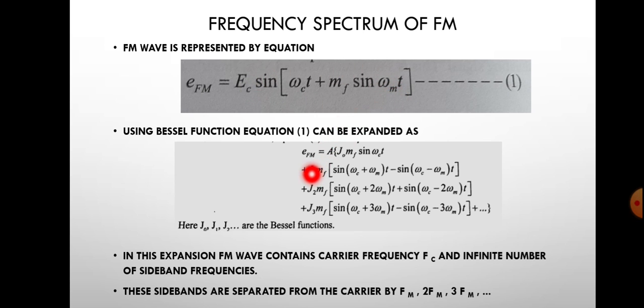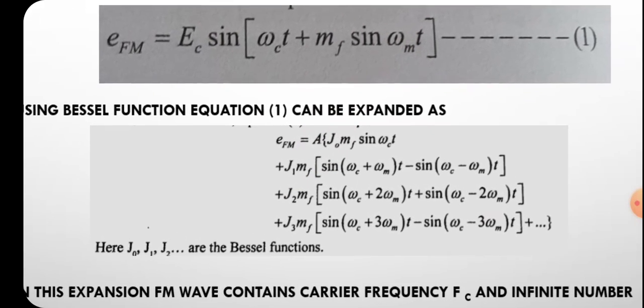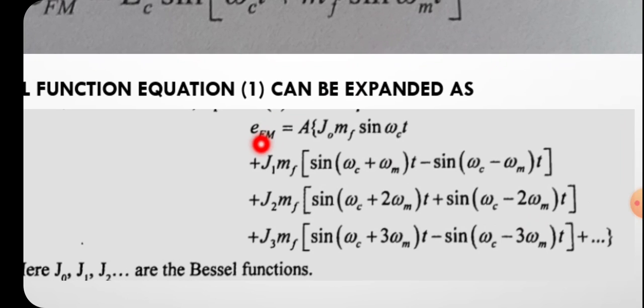So the instantaneous value of the FM wave e_FM will be equal to A times J0(m_f) sin omega_c t plus J1(m_f) times [sin(omega_c plus omega_m)t minus sin(omega_c minus omega_m)t] plus J2(m_f) times [sin(omega_c plus 2 omega_m)t plus sin(omega_c minus 2 omega_m)t] plus etc.